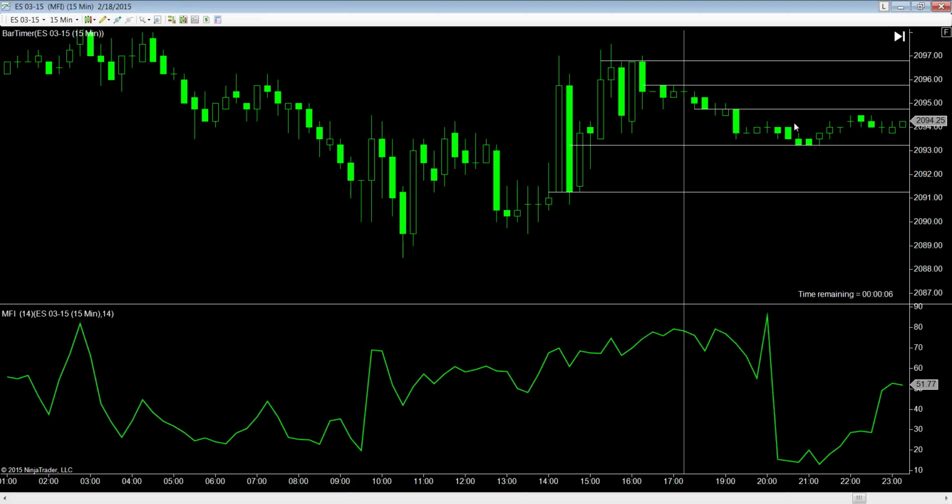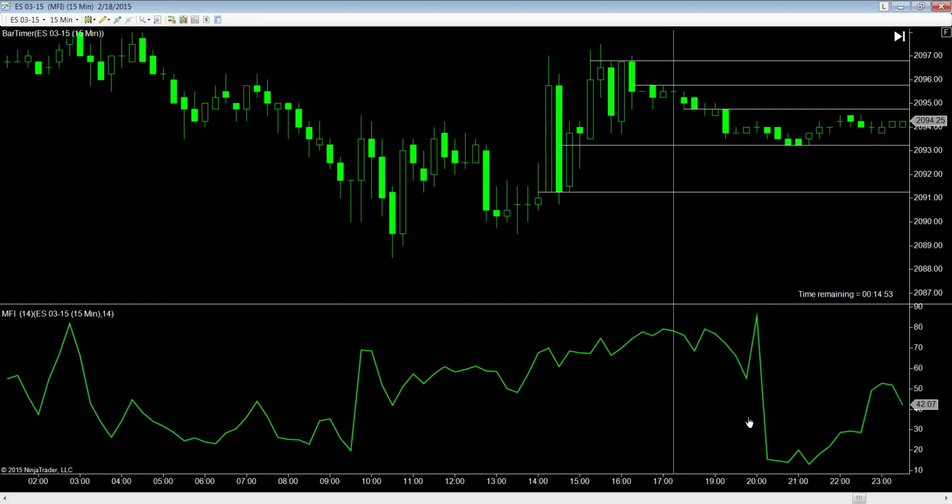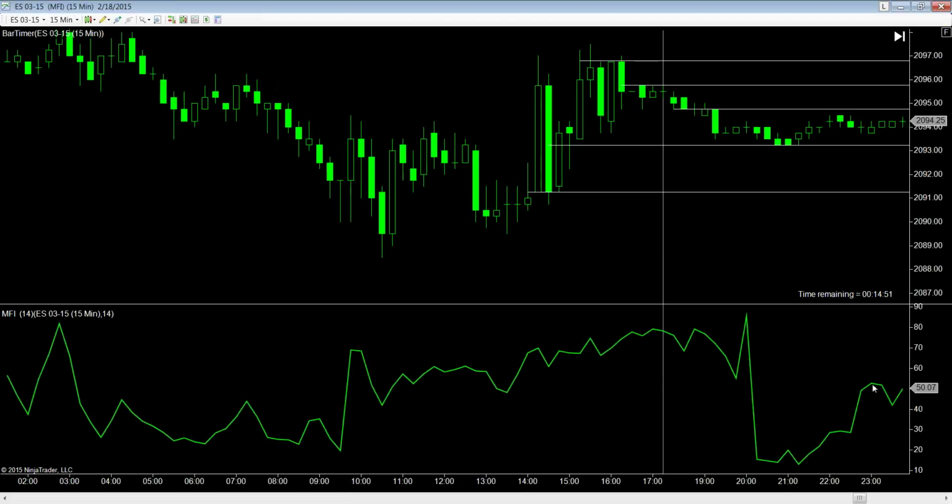And additionally, the relative comparison of the price move to the downside as well as the dump that came in, and the recovery so far is only located here. So as we move into the hard right edge, we can see that now the MFI, the money flow index, with a 14-day look back, in this case a 15-minute bar look back, is now much lower as compared to this level.